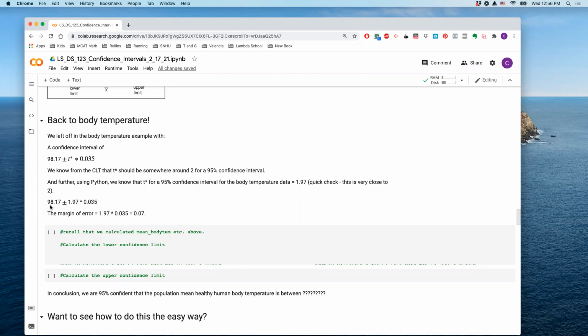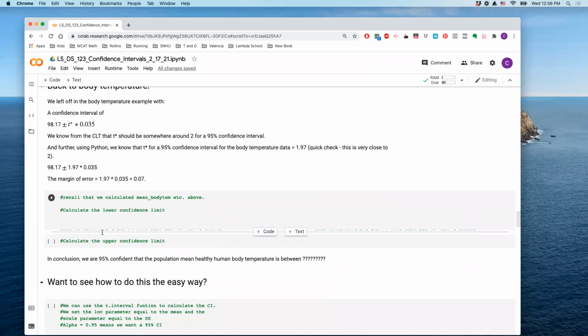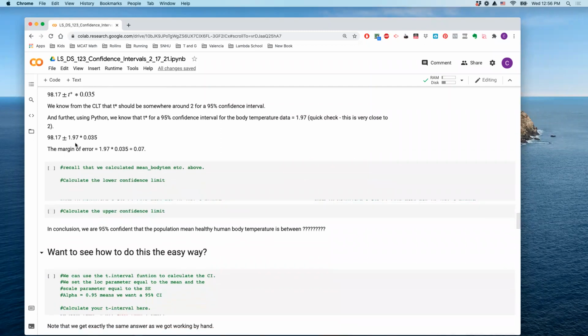We're 95% confident that the population mean is captured between 98.17 plus and minus this number that's very close to 2 times the standard error. So within just about 2 standard errors of our sample mean. And remember, we said that this quantity, t star times our standard error, is called the margin of error. So if we wanted to just calculate the margin of error, that would be 0.07.